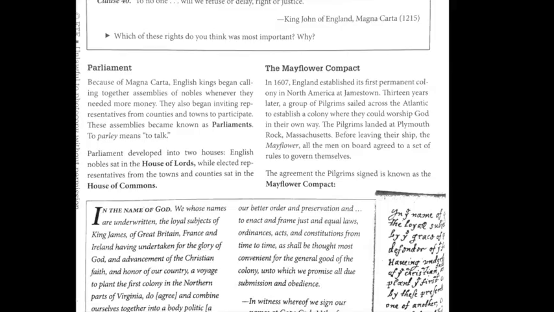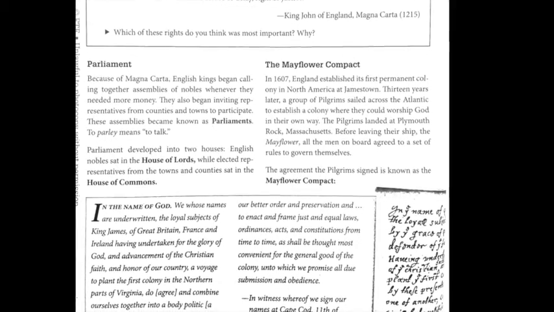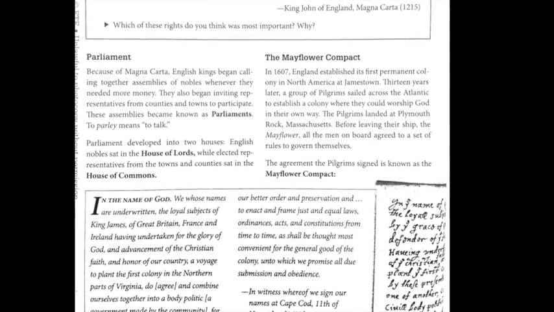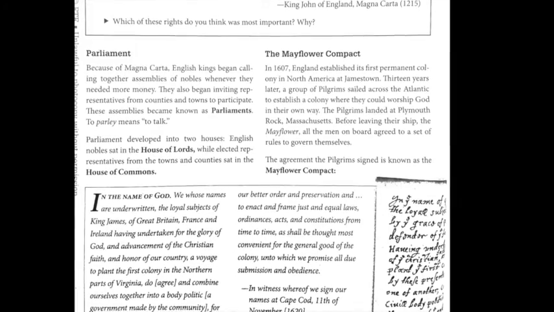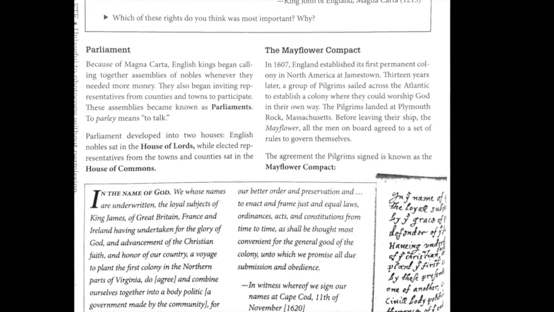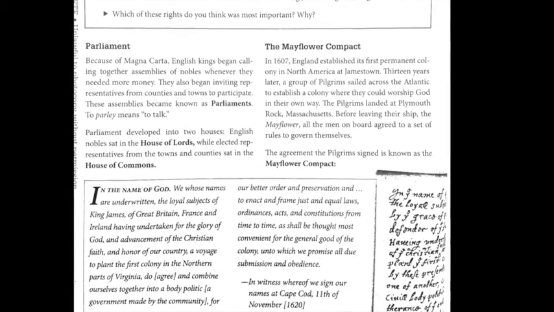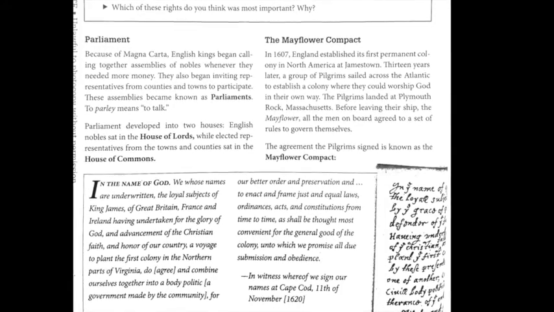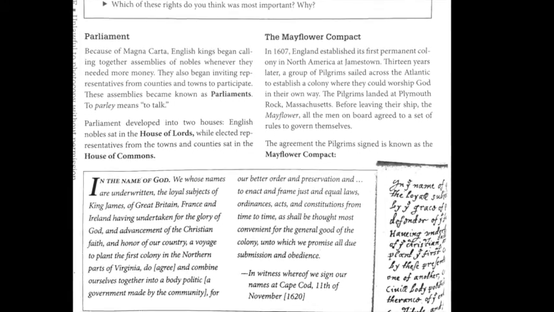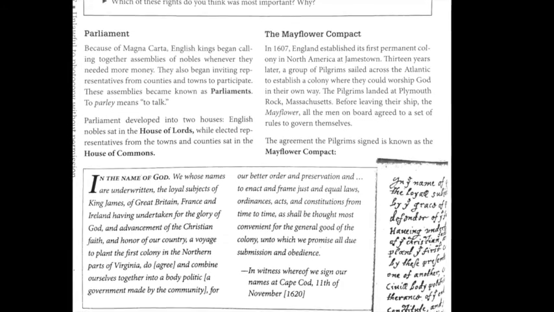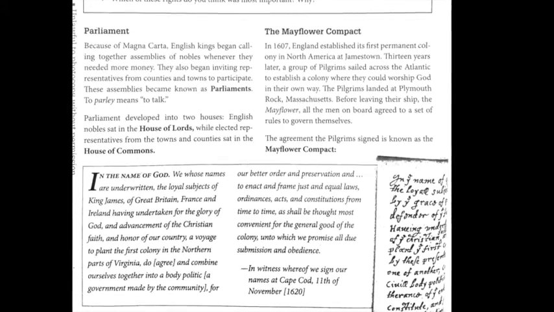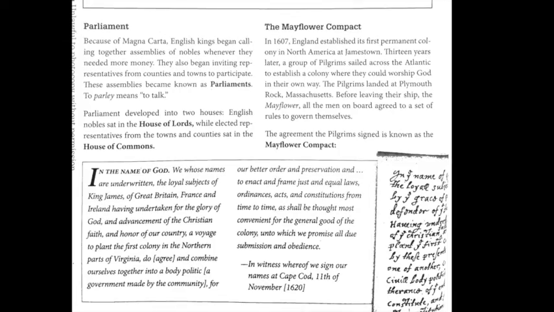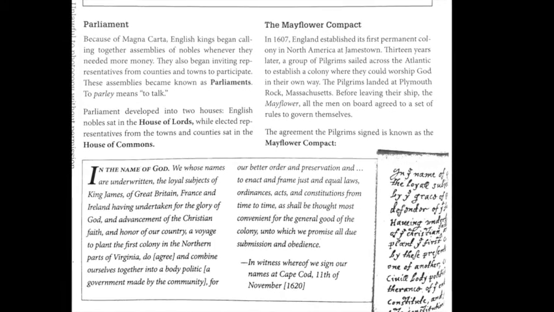In the name of God, we whose names are underwritten, the loyal subjects of King James of Great Britain, France, and Ireland, having undertaken for the glory of God and the advancement of the Christian faith, in honor of our country, a voyage to plant the first colony in northern parts of Virginia, do agree and combine ourselves together into a body politic, which is a government made by the community, for our better order and preservation, and to enact and frame just and equal laws, ordinances, acts, and constitutions from time to time, as shall be thought most convenient for the general good of the colony, unto which we promise all due submission and obedience.